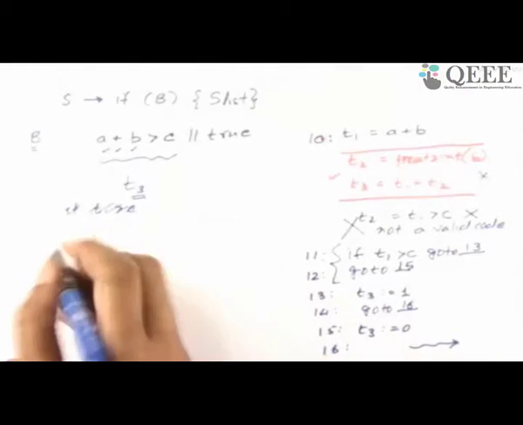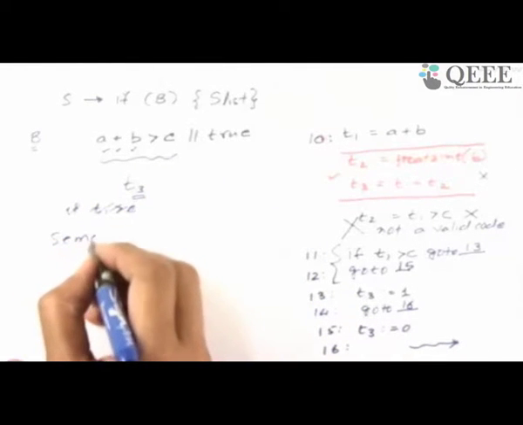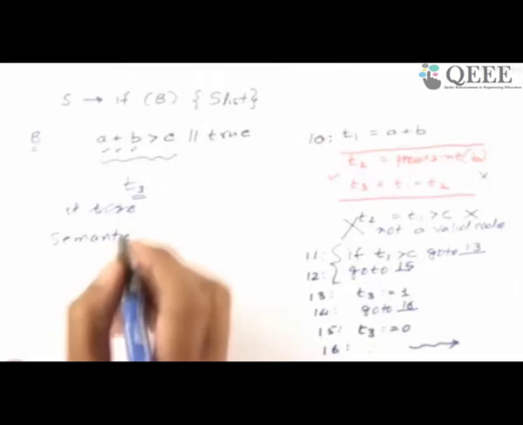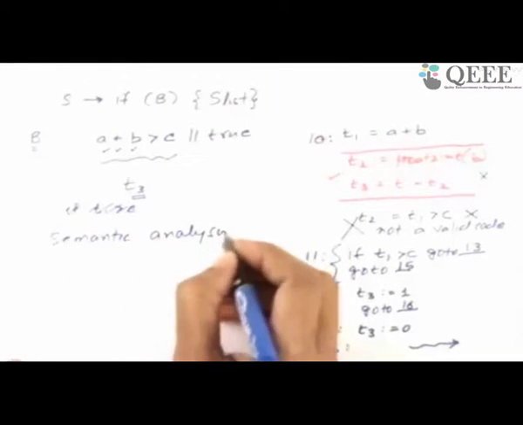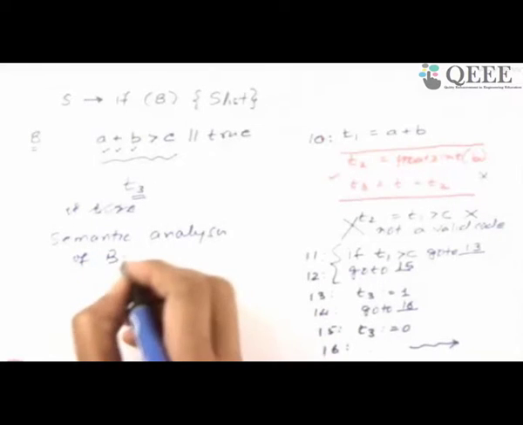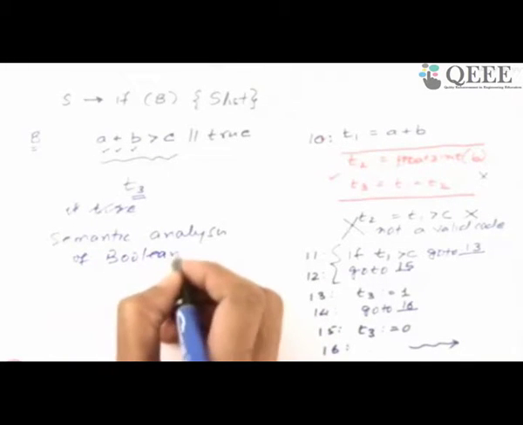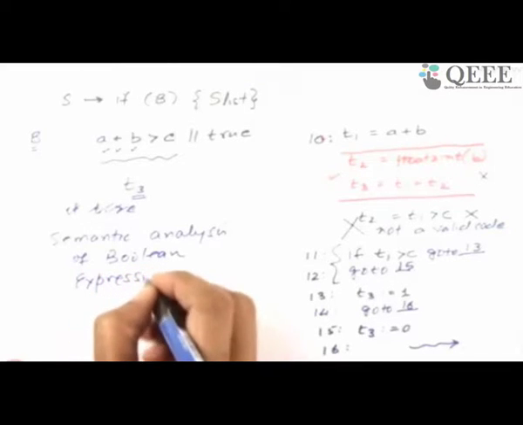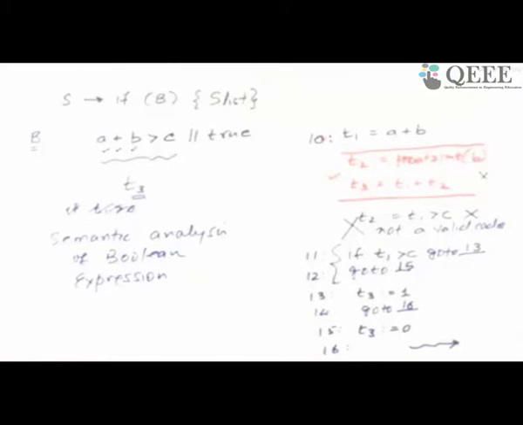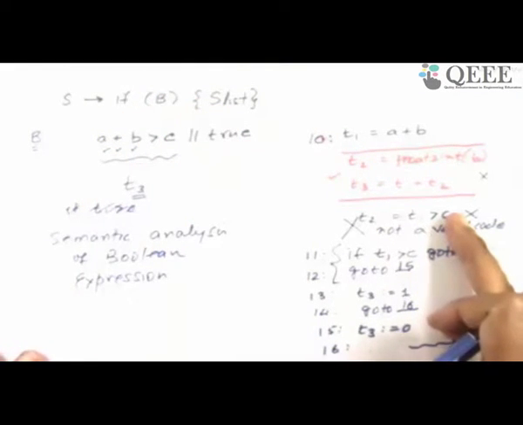So this is semantic analysis for expressions. I'm deep inside it now, but I'm looking at control structure. Without doing semantic analysis of Boolean expressions, I cannot handle an if then else statement. So at some point in time today, I have to go down and check how to evaluate Boolean expressions. But for the moment, we are assuming that if you see a B, a lot of code will get generated.